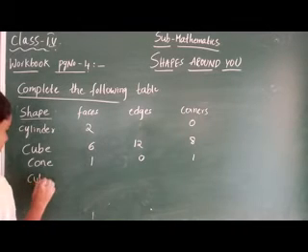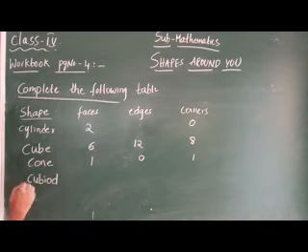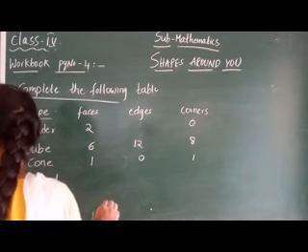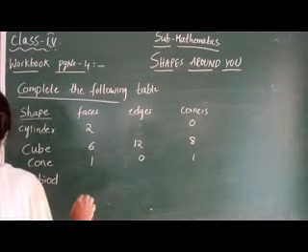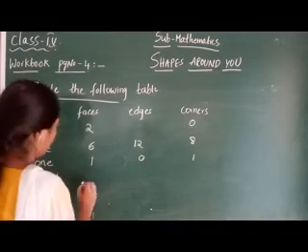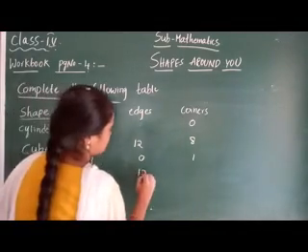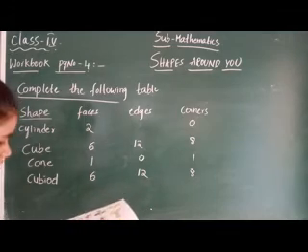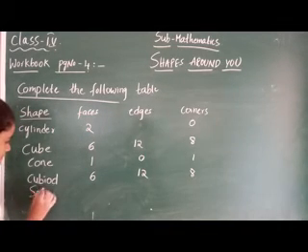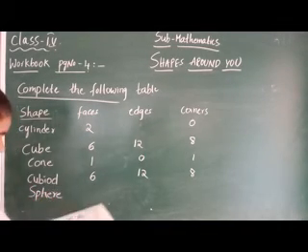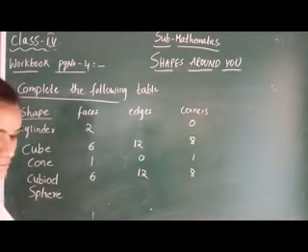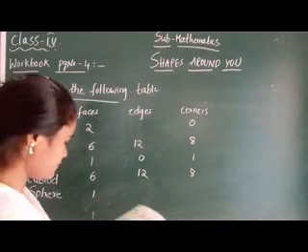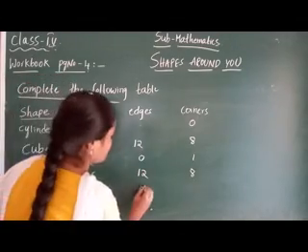Cuboid is 6 faces, 12 edges, 8 corners. Sphere, 1 face, no corners, no edges.